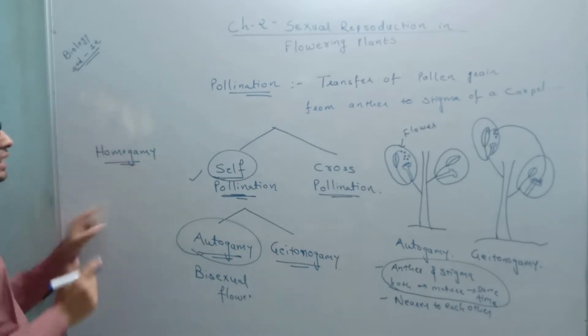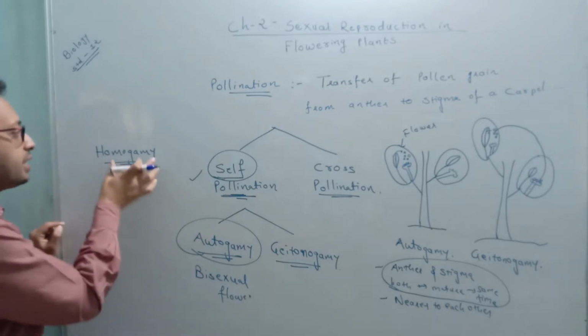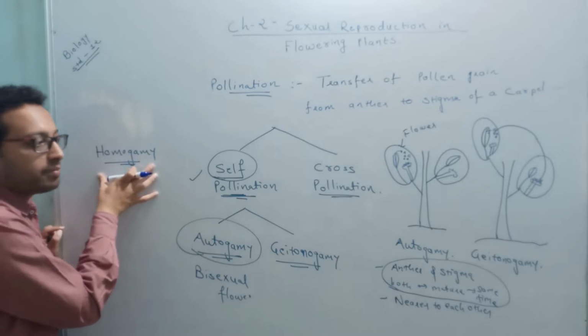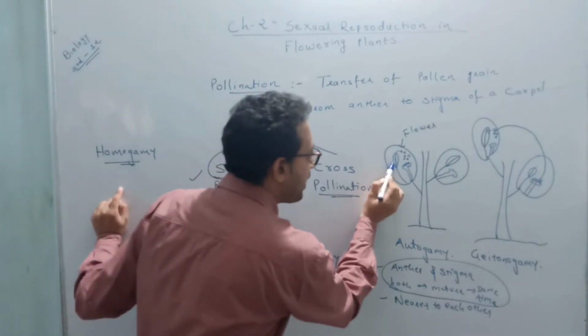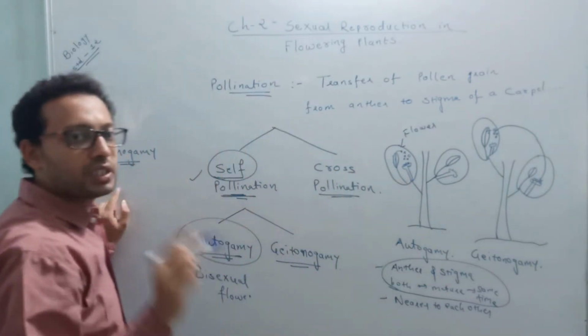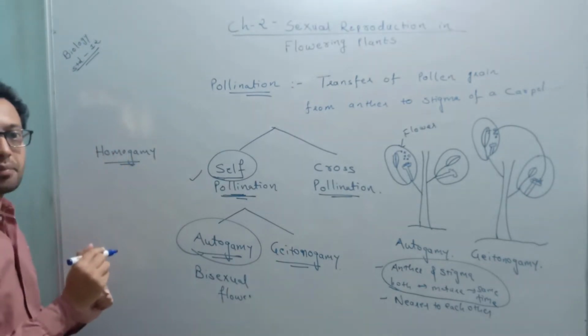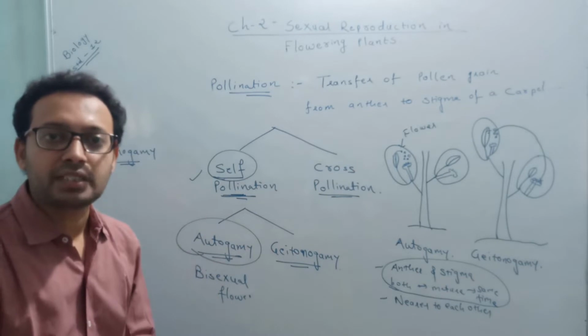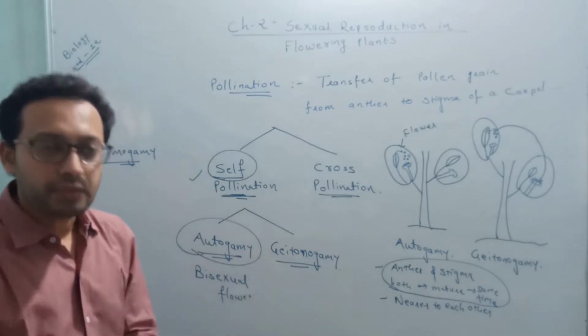Homo means same, gamy means gamete, meaning they produce the gamete at the same time. Stamen and carpel both are producing the gamete at the same time. Why do they produce the gametes at the same time? Because they mature at the same time.